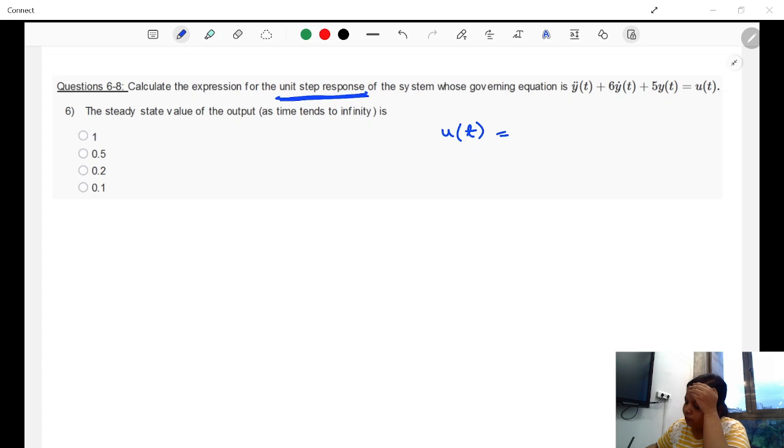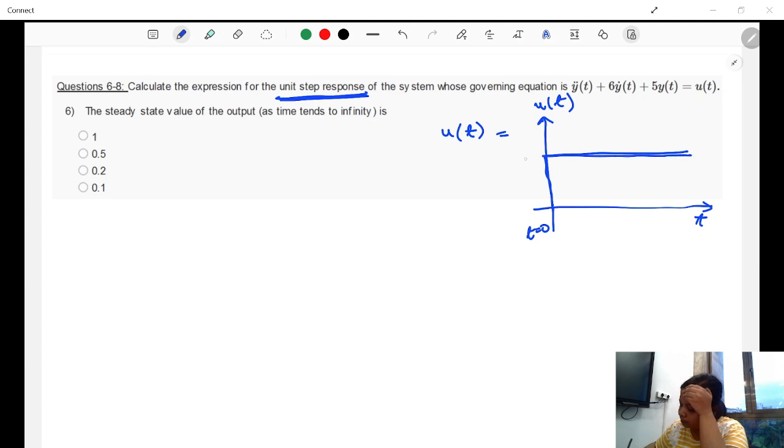Unit step means at t is equal to 0 you get 1, and then it remains 1 for the whole time. Before that, you have 0. At t is equal to 0, you get a jump of magnitude 1, and it remains 1 for t greater than 0 also. So what is the steady state value?